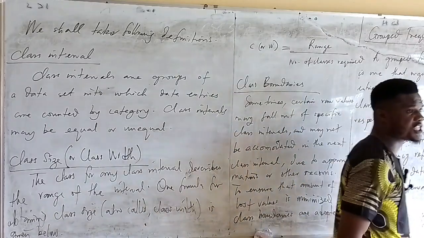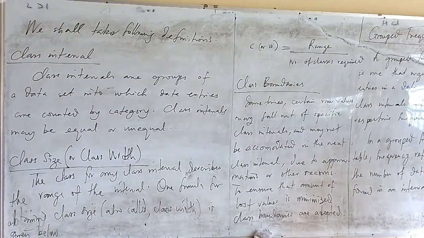I remember explaining this before now. You remember that explanation I gave you about class boundaries when we were plotting the histogram? When I gave you an example of a particular value not being accommodated in a particular class and cannot even be accommodated in the next class, you now have to introduce a plus or minus 0.5 value. Do you remember that explanation?